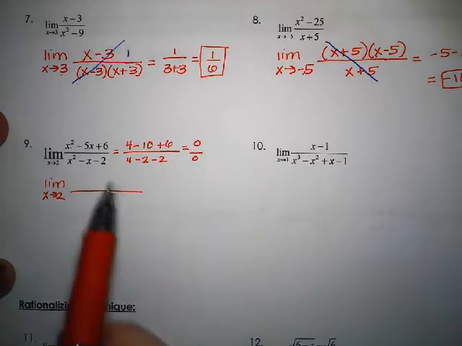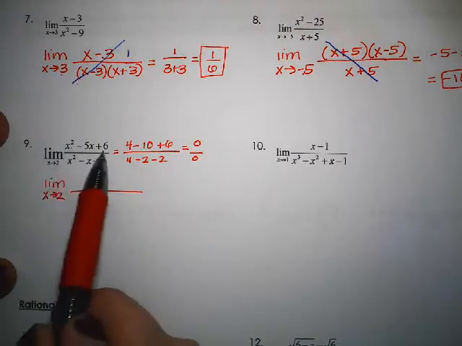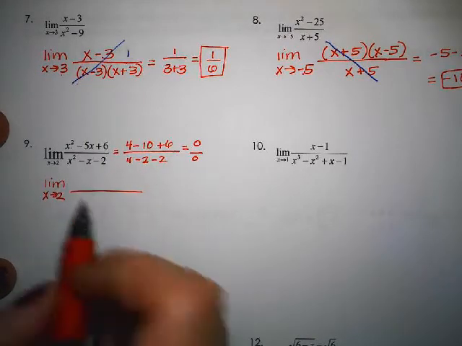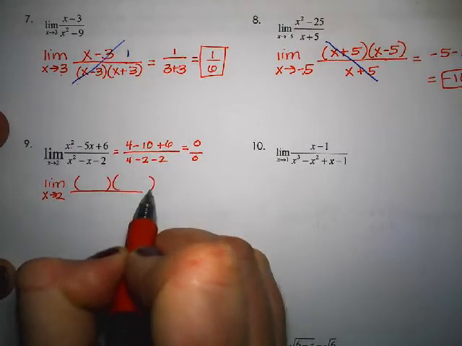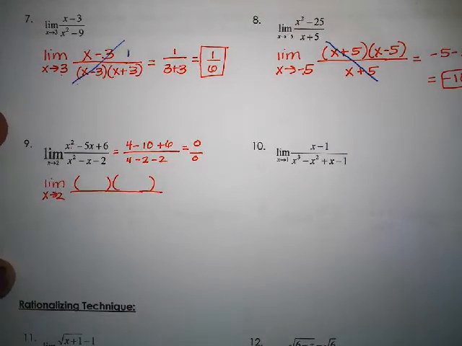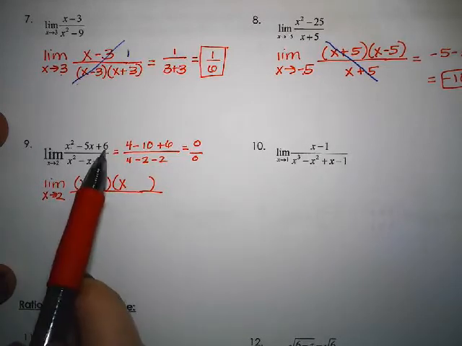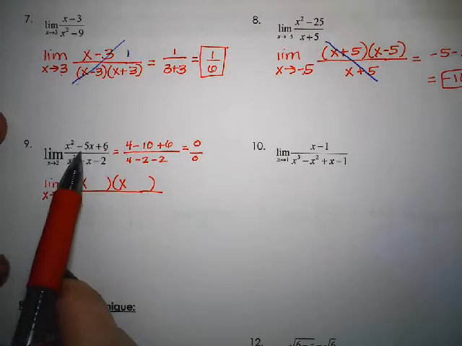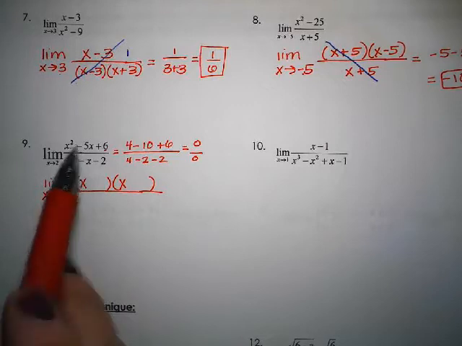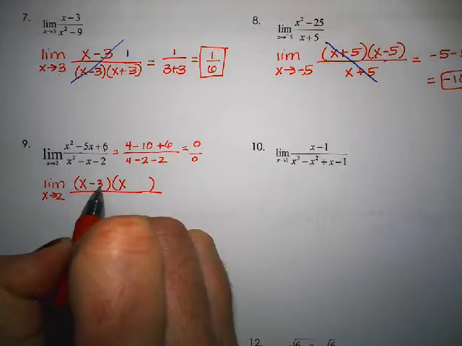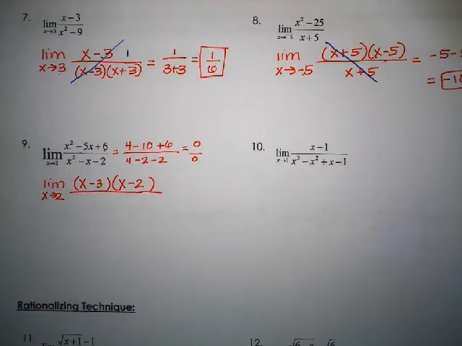Okay. So remember this type of factoring. My numerator is a trinomial, 3 terms, and it's a quadratic, meaning an x squared. I'm going to factor it. I'm going to try to think of 2 numbers that multiply to 6 and add up to -5. And those are going to be -3 and -2.